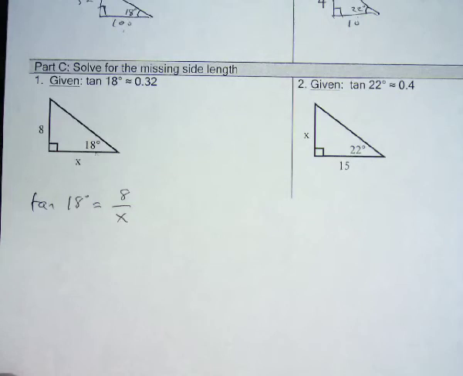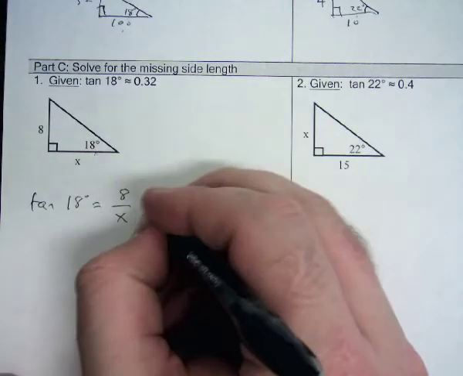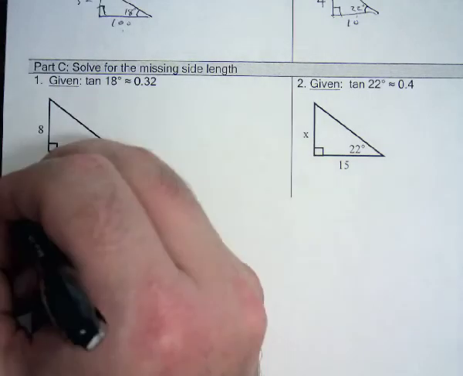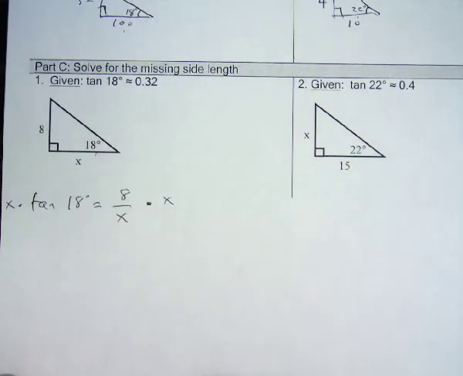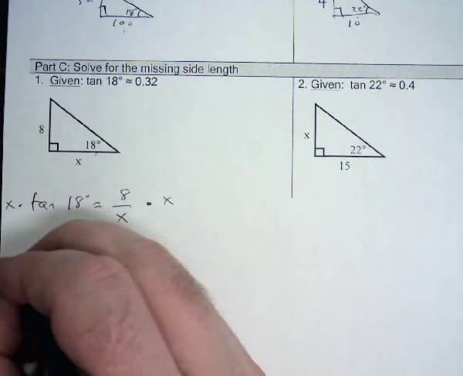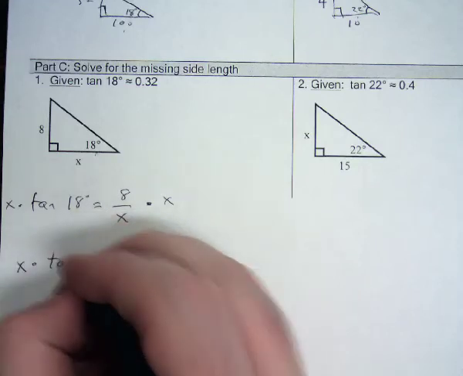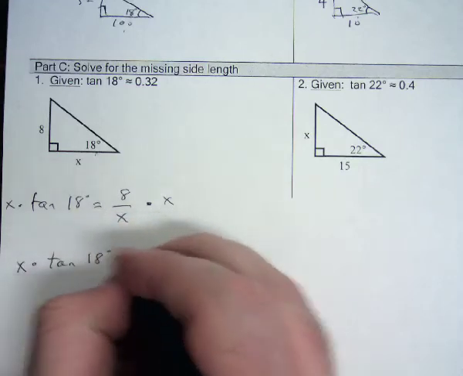What do I need to do to both sides here to solve? I'm going to multiply both sides by x. I'm going to get x times tangent 18 equals 8.